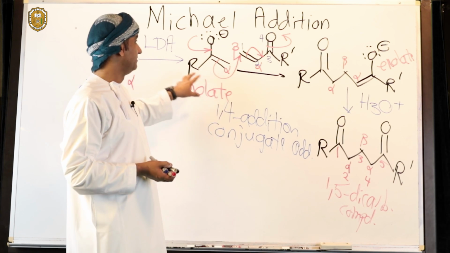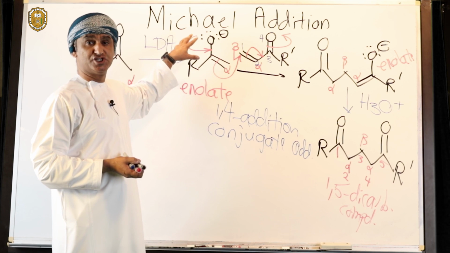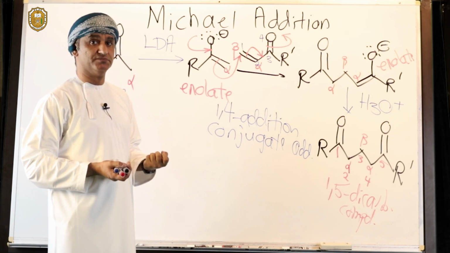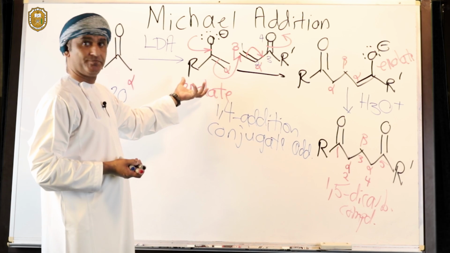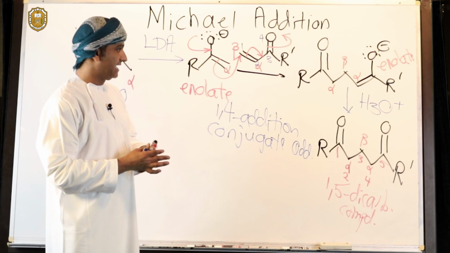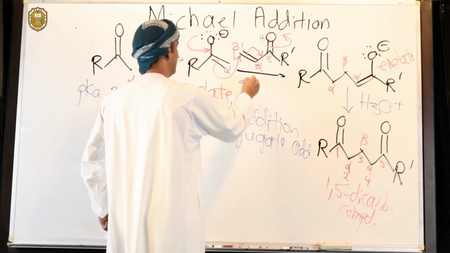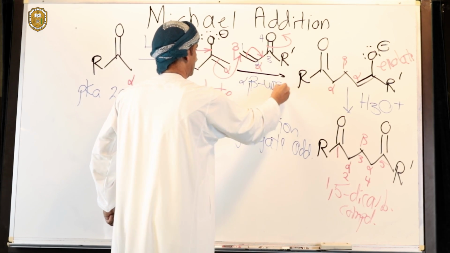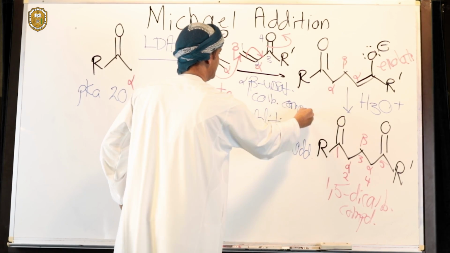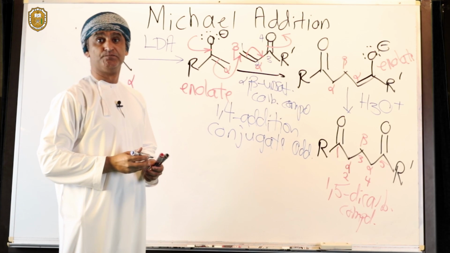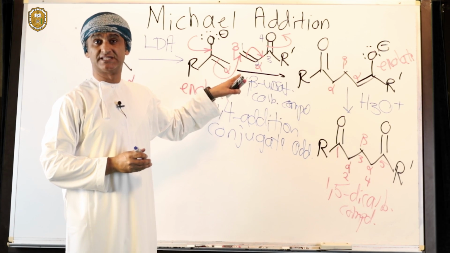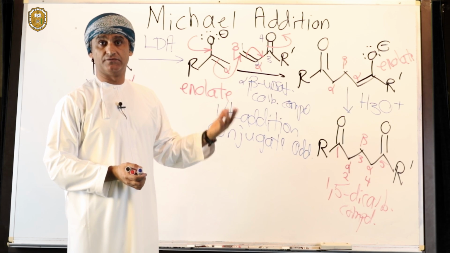The reaction is named the Michael addition. So the Michael addition is a reaction between an enolate from a carbonyl compound and an alpha beta unsaturated carbonyl compound, the special electrophile in this case, which makes this reaction very distinct from other reactions of enolates.